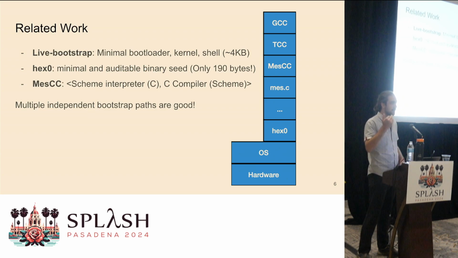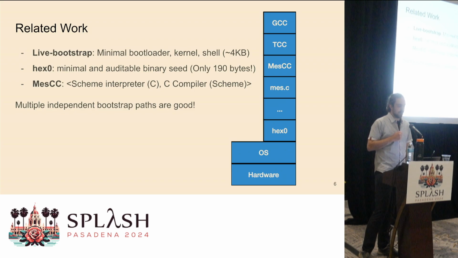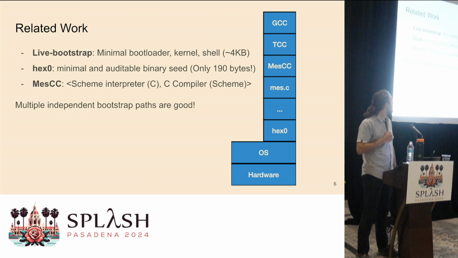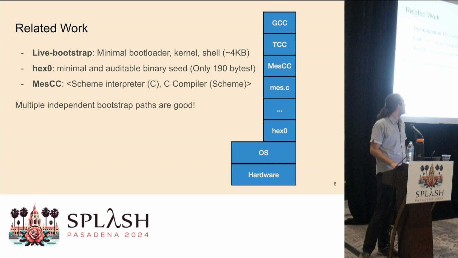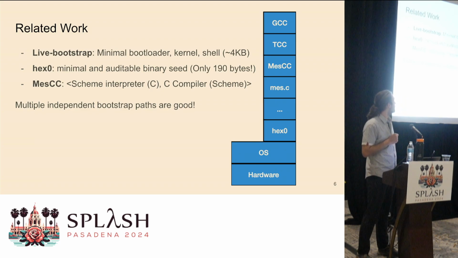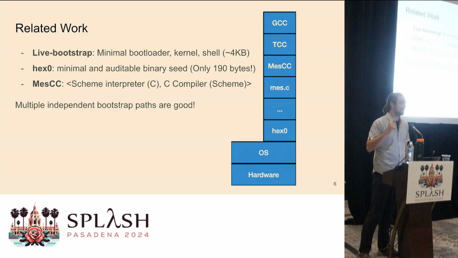And then these can be used to build up an abstraction until the MES-CC compiler is reached that's able to compile TCC and GCC. TCC is the tiny C compiler. It's about 10,000 lines of code, and it's able to compile an old version of GCC. And so once you've reached TCC, which is a reasonably easy target, then you can reach GCC.